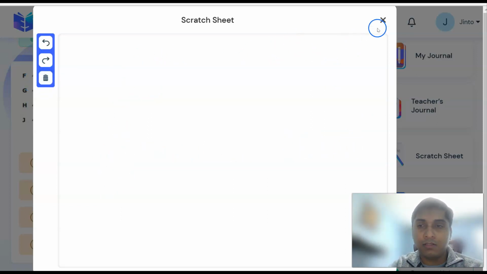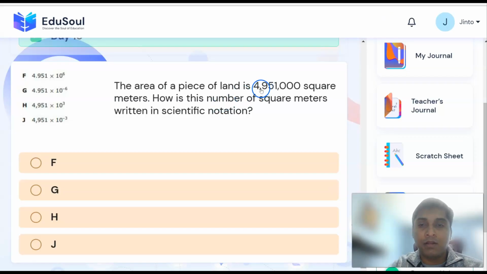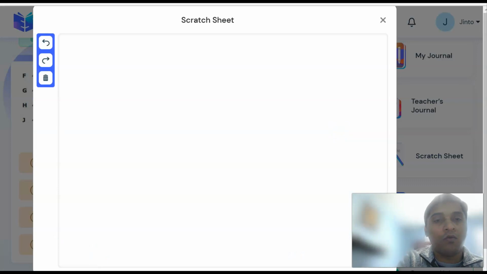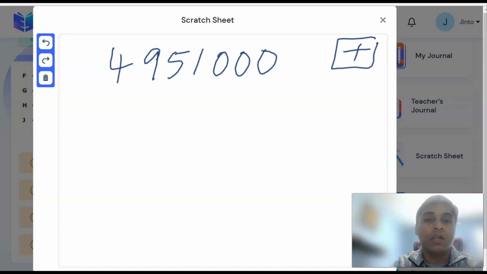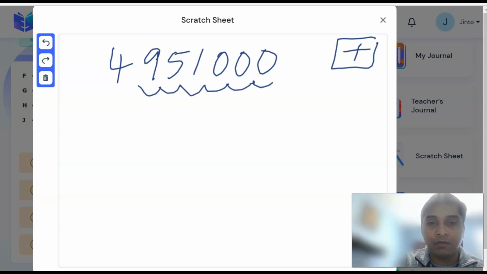Okay, let's look at the number they asked here, 4,951,000. Now we will have a positive exponent because we are going to move the decimal placement to the left. Let's go 1, 2, 3, 4, 5, 6.